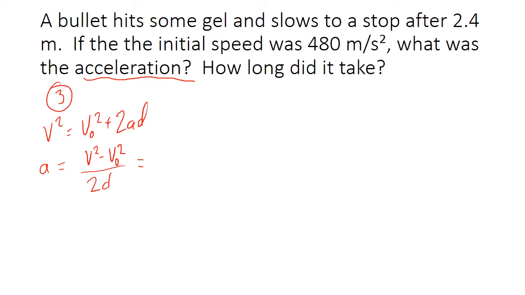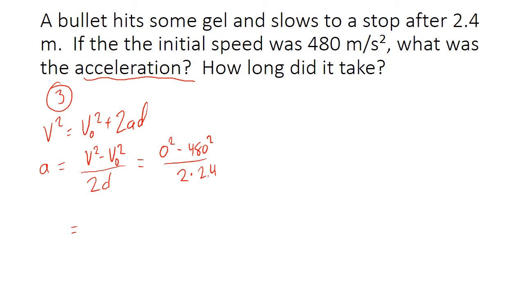Now we know all of these values, so a equals 0 squared minus 480 squared divided by 2 times 2.4. All right, ta-da. We're going to type that into our calculator to figure out the acceleration.